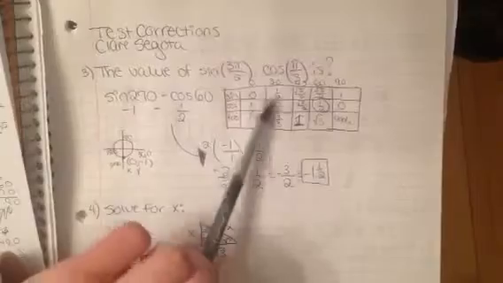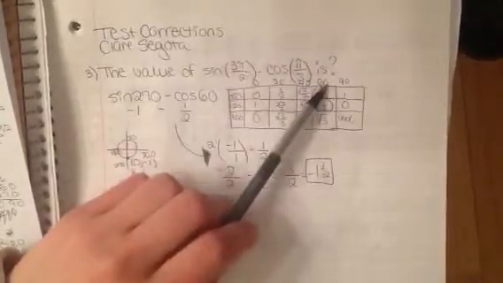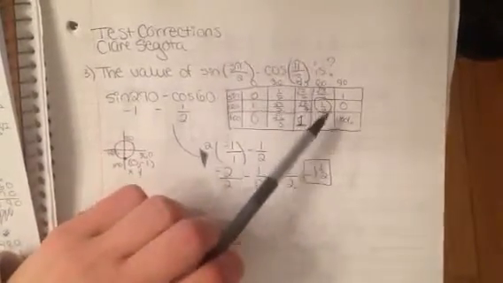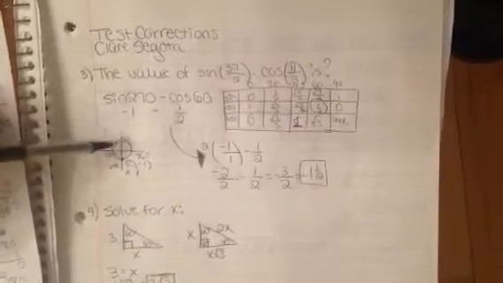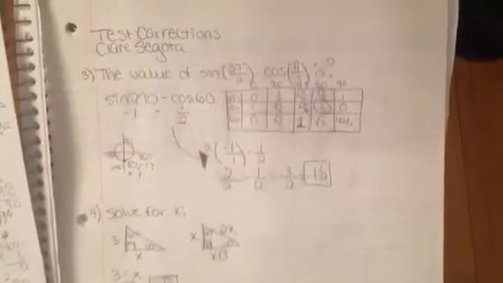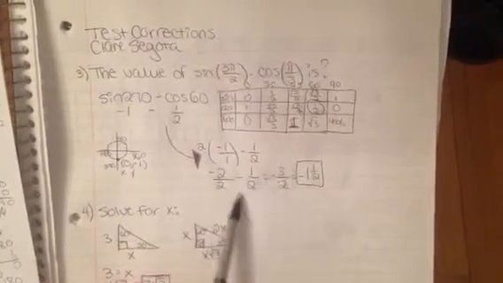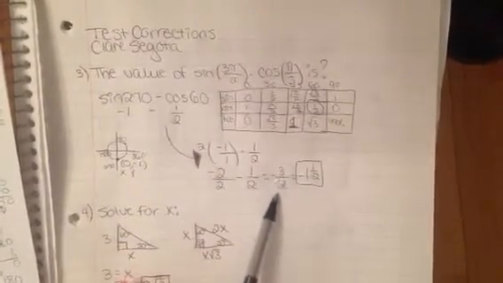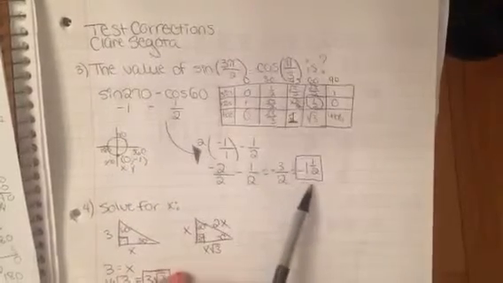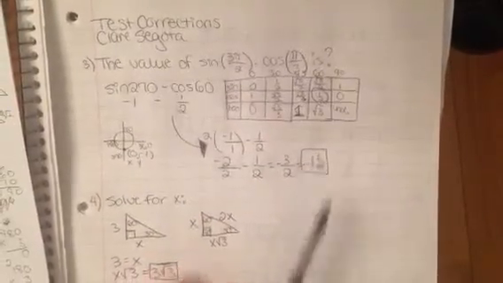So after you make the table, you just go over to the cosine of 60, and it's 1/2. And then you just do -1 minus 1/2. Right here, I just did it, find the common denominator, and then you get -3/2, and then the answer is -1 and 1/2.